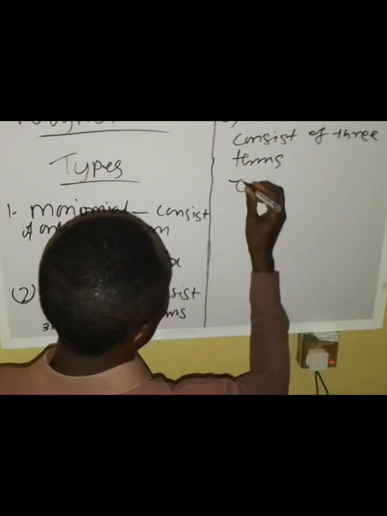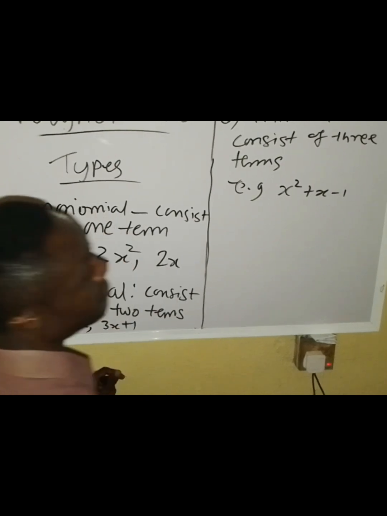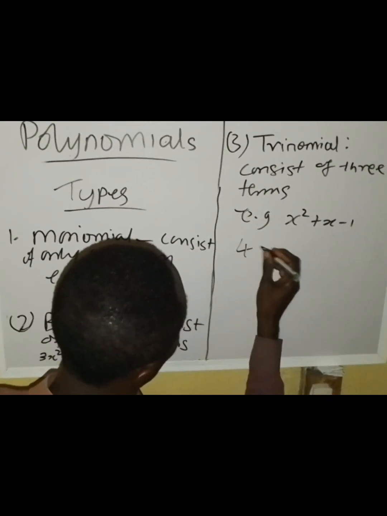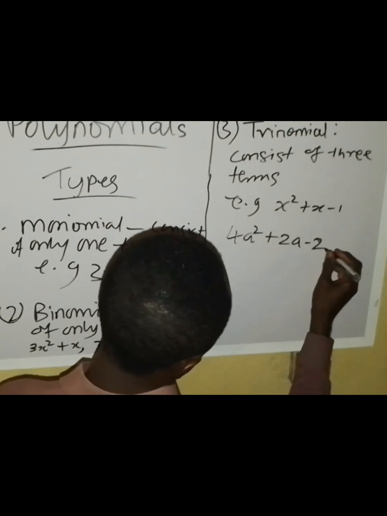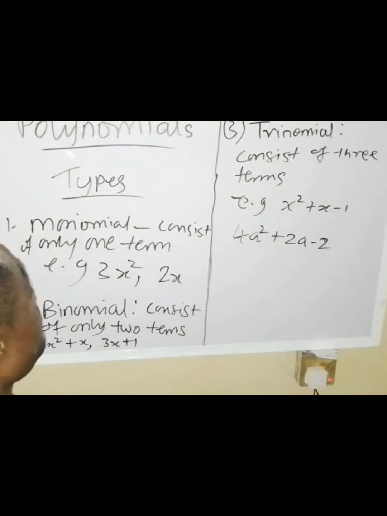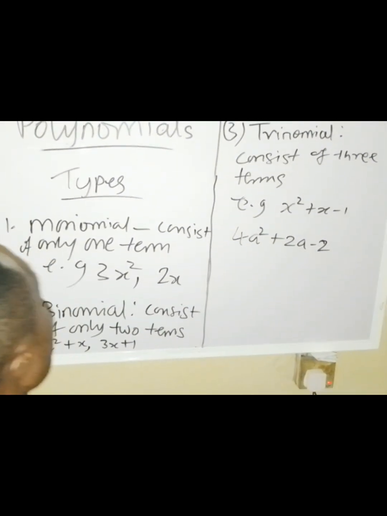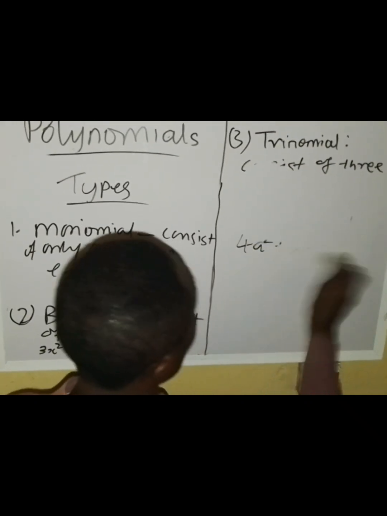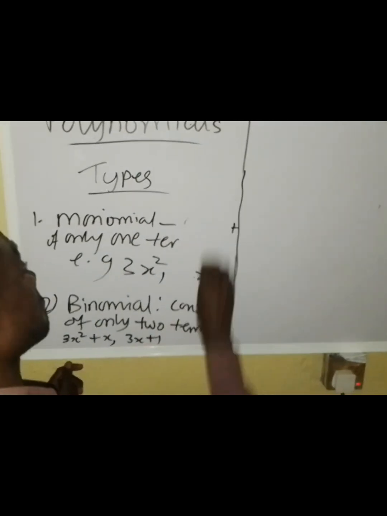Example, we have x squared plus x minus 1. That's 1, 2, 3 terms. We have 4a squared plus 2a minus 2, which also gives us an expression of what? Trinomial. So this is just the introduction, and then we'll begin with solving some of the questions that have to do with addition, subtraction, and then multiplication and division.